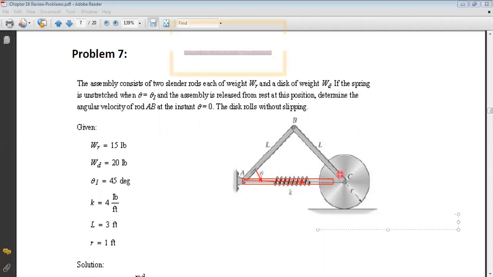And if you don't find the IC, for example if it's hard to find the IC, then you write the kinetic energy of BC as half m vG of BC squared plus half inertia about G omega squared. Then you will be interested in the velocity of G, which is the center of BC.